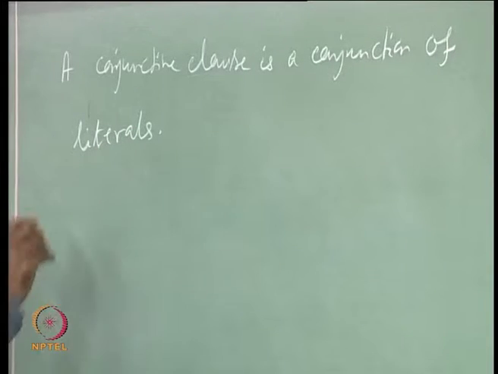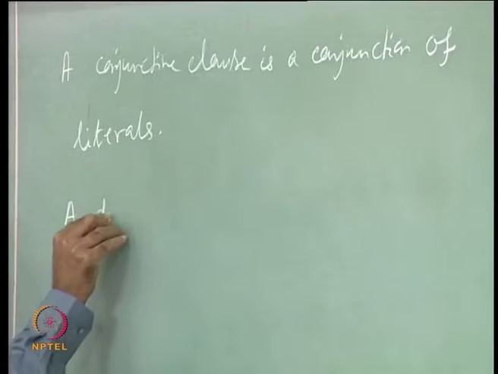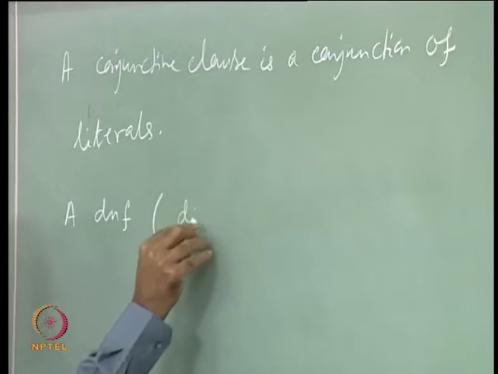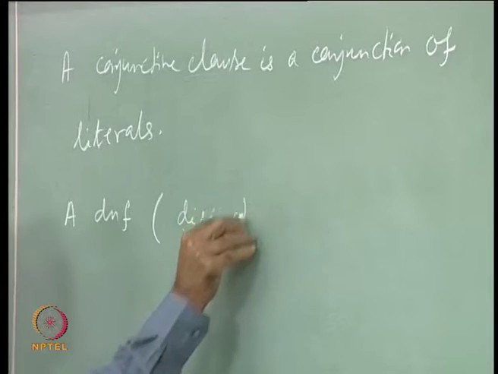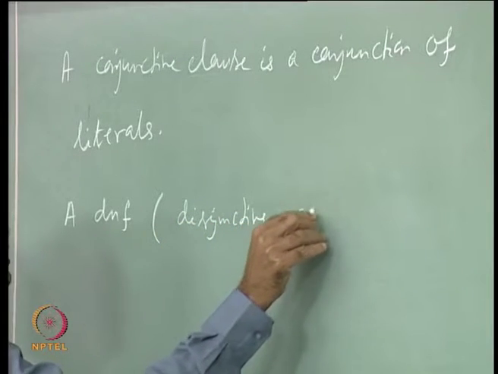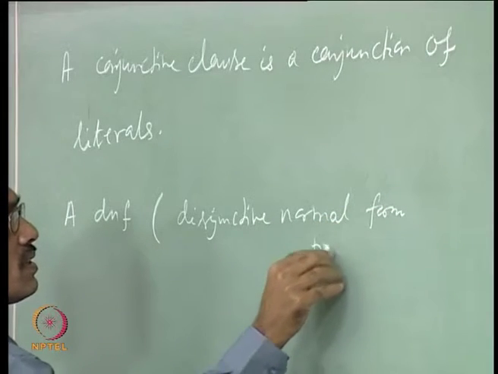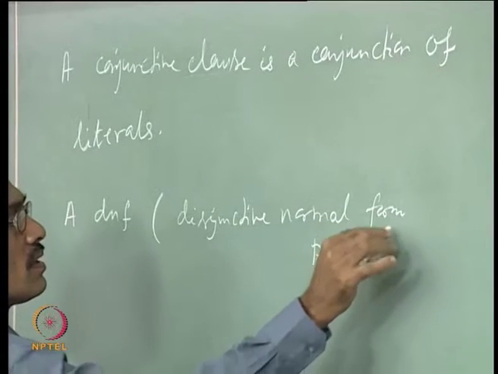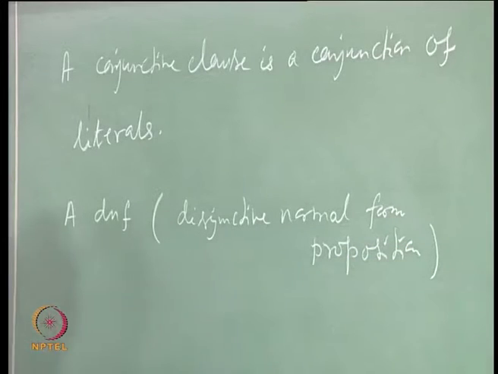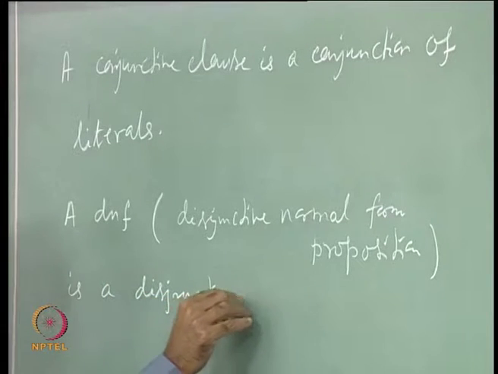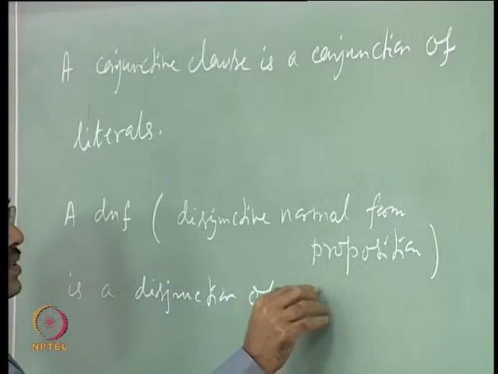Okay. So, next we define a DNF, which can be read as disjunctive normal form proposition is a disjunction of conjunctive clauses.